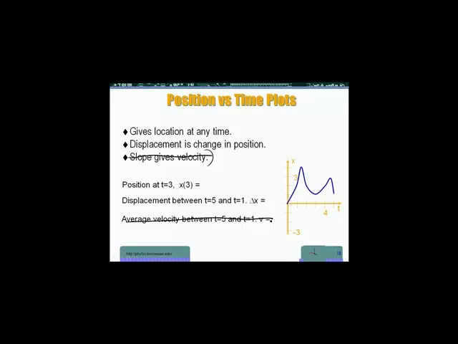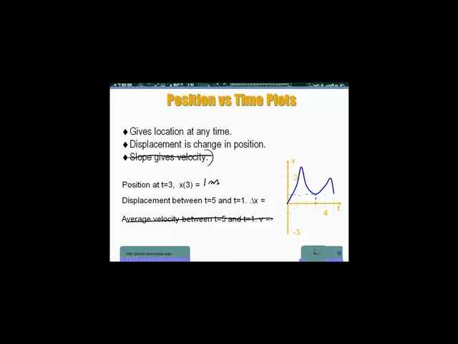Okay, anyway. So what's the position at t equal 3 seconds? So we look, this is 4 seconds, this is 3 seconds. There's our position at 3 seconds. It is 1 meter plus 1. What is the displacement between t equal to 5 and t equal 1?